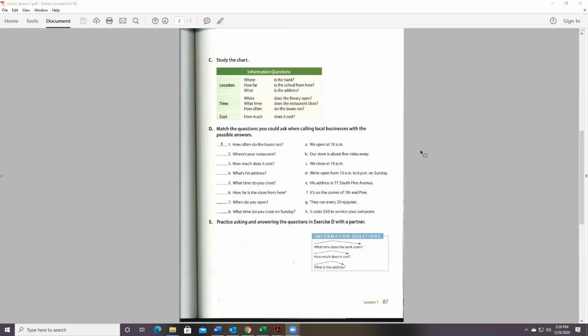For example, where is the bank? ¿Dónde está el banco? How far is the school from here? ¿Qué lejos está la escuela de aquí? Desde aquí. What is the address? ¿Cuál es la dirección?